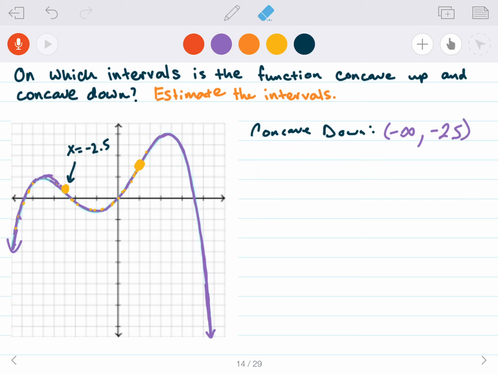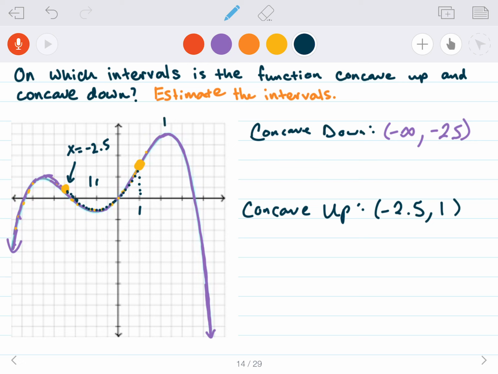And maybe I'm going to actually write this down here so we have some more room. Okay, following this from x equals -2.5, we start to smile, right? All the way to x equals 1. So we're concave up from -2.5 all the way up to x equals 1, all right?